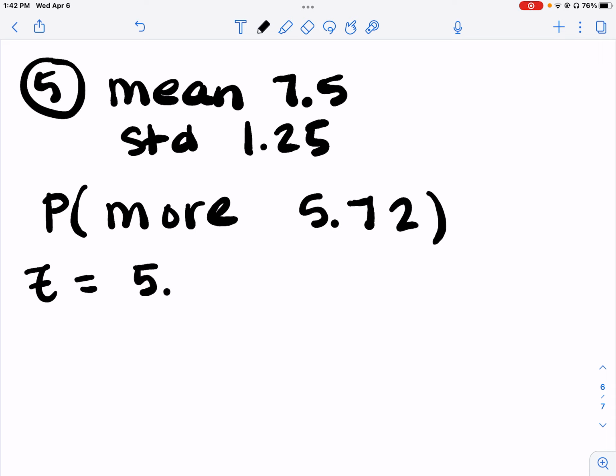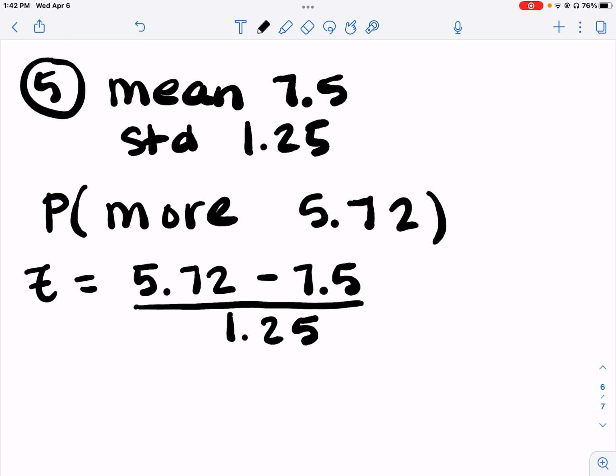So we need to take 5.72, change it to z, minus the mean, divide by the standard, and that gives me negative 1.42.